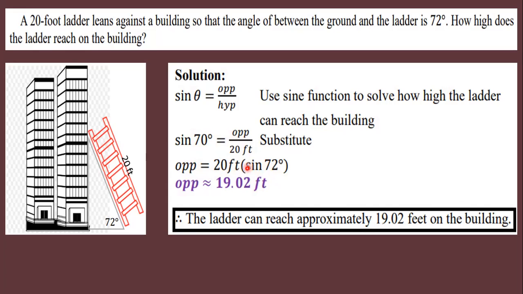If you're asking, sir, your solution is wrong because of the 70, that's okay, guys, because I forgot to change it. But my answer is still correct because in my substitution and manipulation, I used 72. Therefore, the ladder can reach approximately 19.02 feet on the building. And that is our answer.